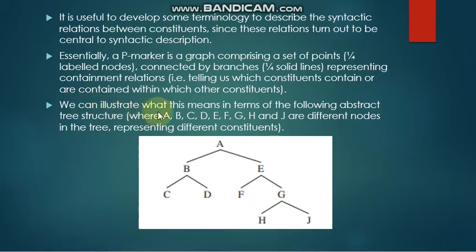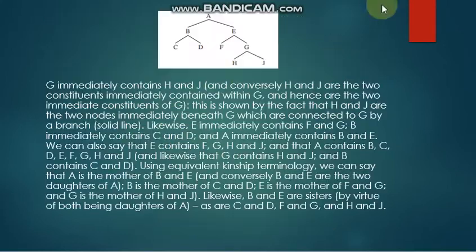So we can illustrate what this means in terms of the following abstract tree structure, where A, B, C, D, E, F, G, H, and J are different nodes in the tree representing different constituents. Now, what is this illustration telling us?